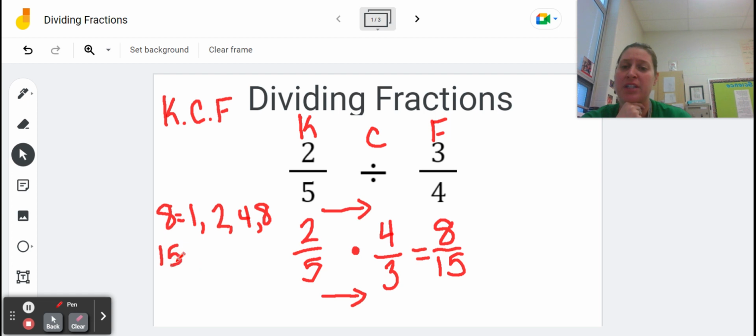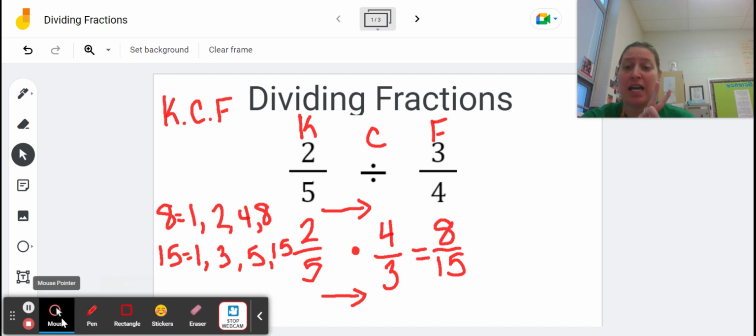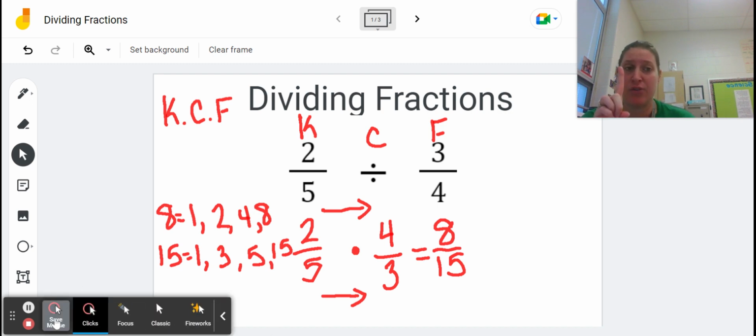My factors of 15 are 1, 15, 3, and 5. They do not have a common factor besides 1, so I know my fraction is in the simplest form, and I know I'm done. So when I have just two fractions, I keep the first fraction, change to multiplication, and then flip the second one.